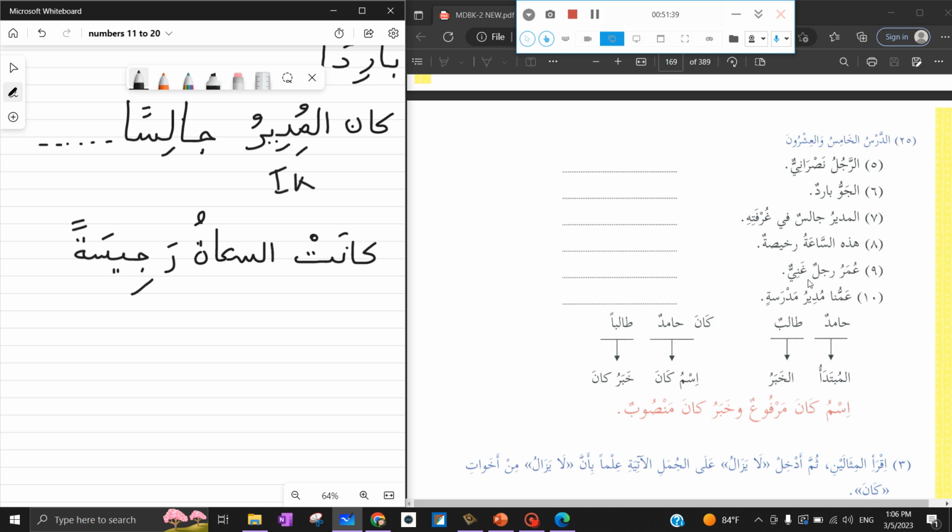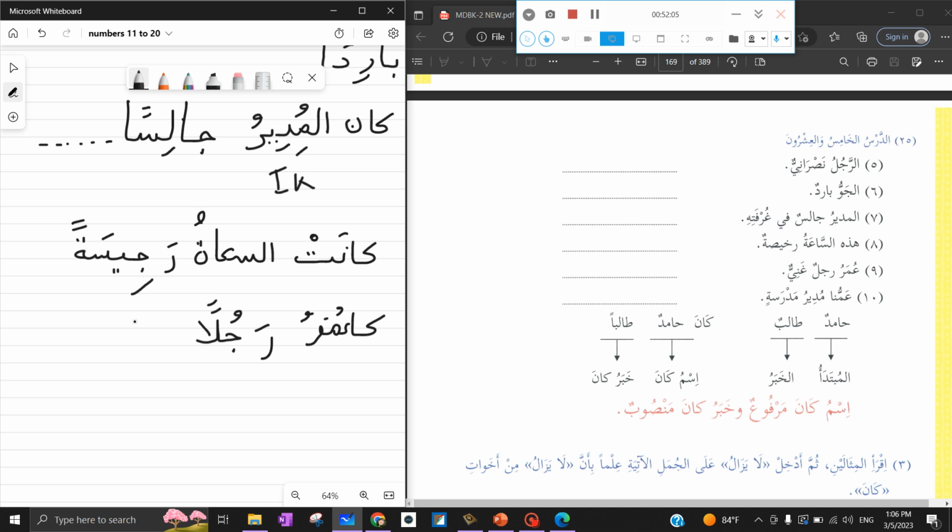Umaru rajulun ghaniyun. So what will be kana? Because Umar is male. Umaru rajulan. This is the khabar for Umar. So rajulan with lam alif, because you need to put alif. If lam has to take a fathatain, you need to put an alif.